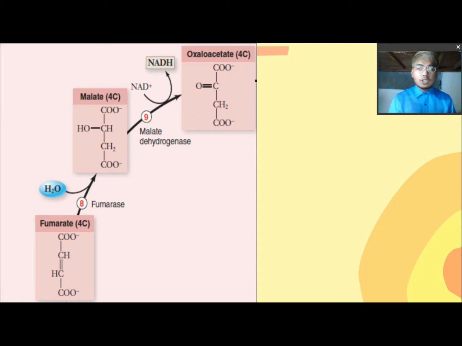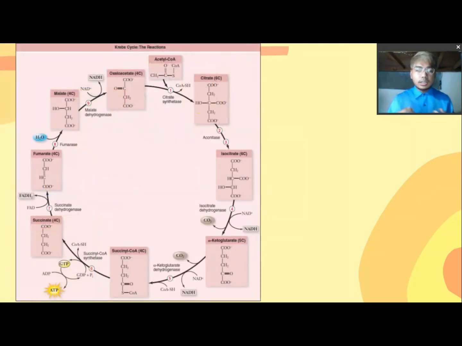In the case of the malate dehydrogenase interaction with the malate, it will regenerate oxaloacetate, which will start the Krebs cycle once again. Then acetyl-CoA will enter, then citrate will be created, isocitrate, then alpha-ketoglutarate, then succinyl-CoA, then succinate, then fumarate, then malate, then oxaloacetate once again. That's what is happening for one acetyl-CoA that will enter.